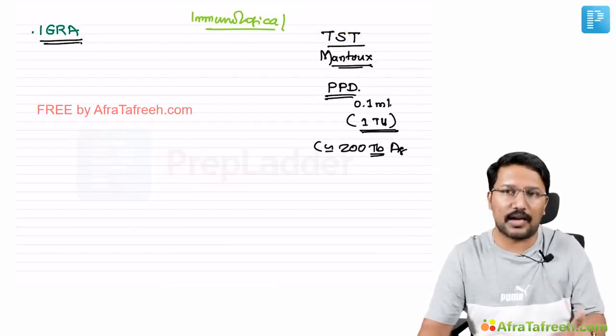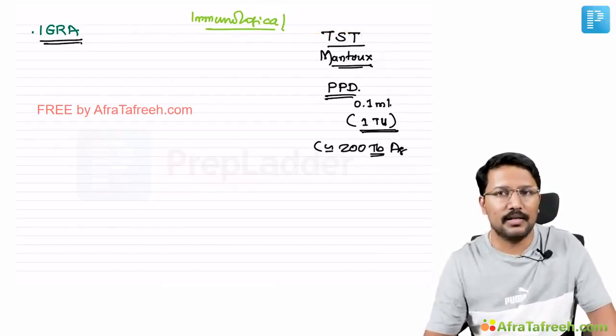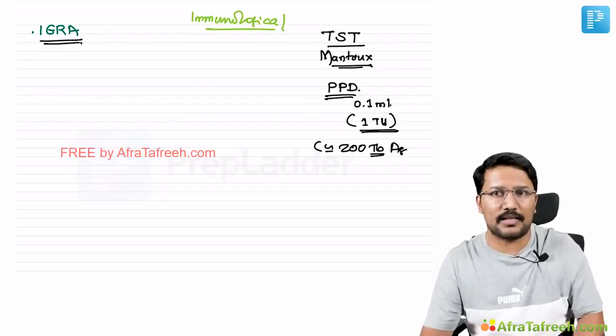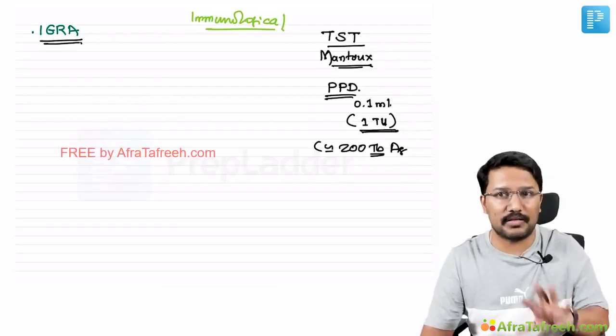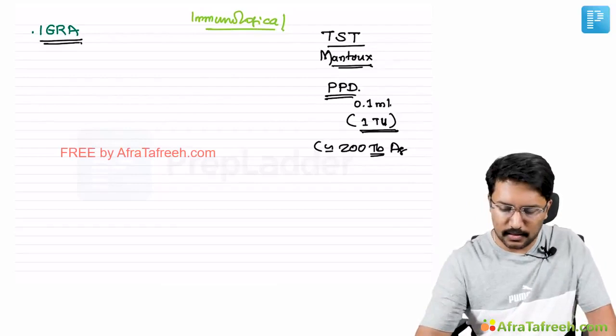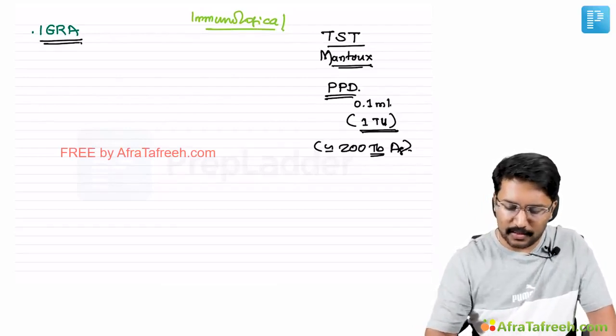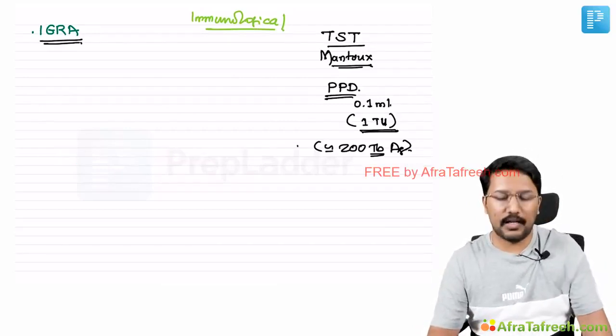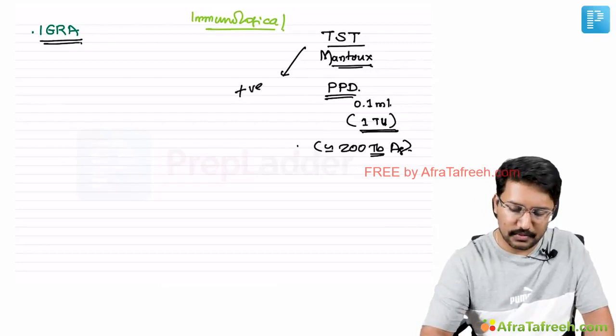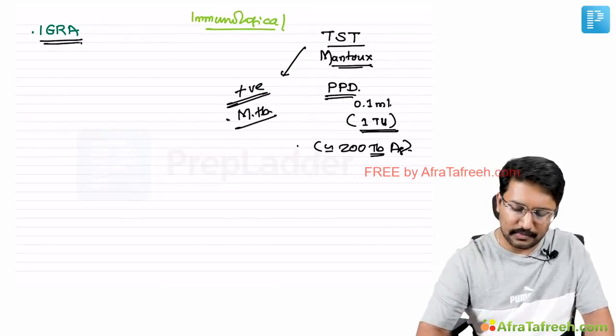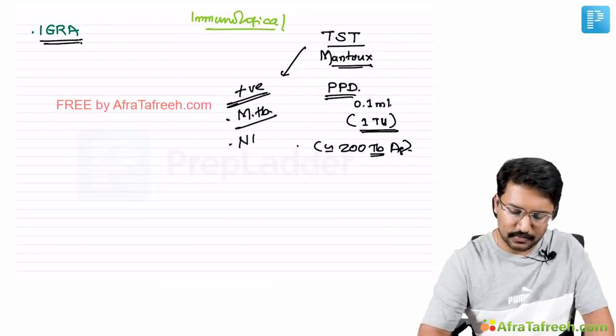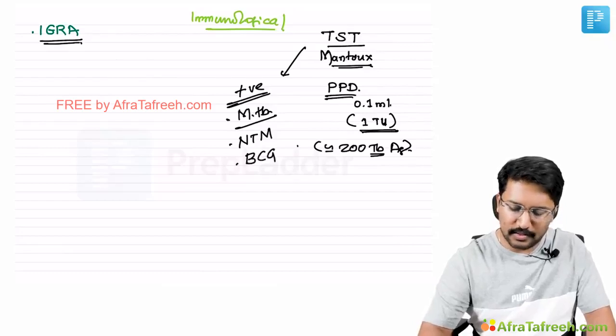It also includes some M. bovis, MTB complex as well as NTM bacillary antigens in this cocktail, right? So that is why this TST cannot differentiate NTM infection. TST can come positive in case of MTB infection or MTB complex infection. It can also be positive in case of NTM infection. It can also be positive following BCG.